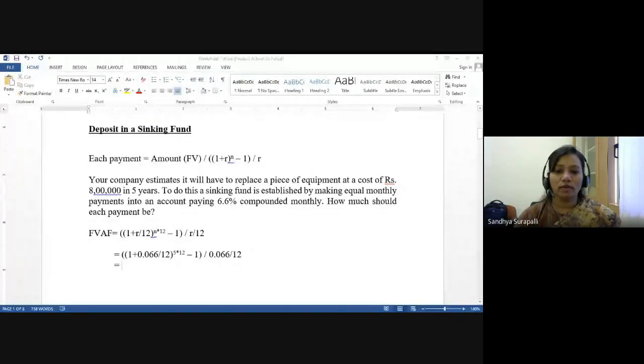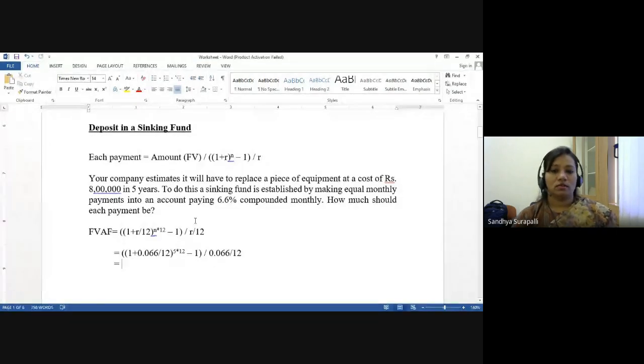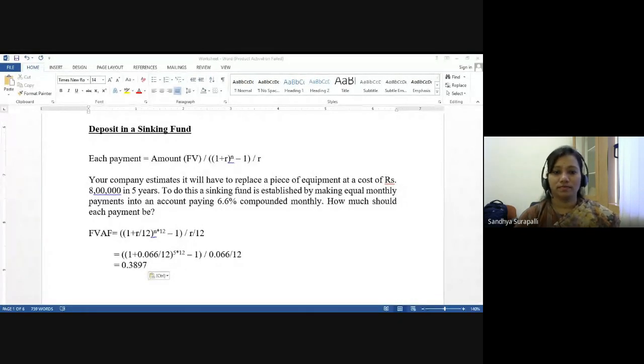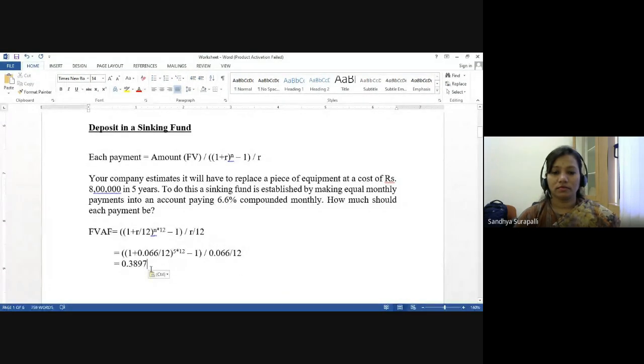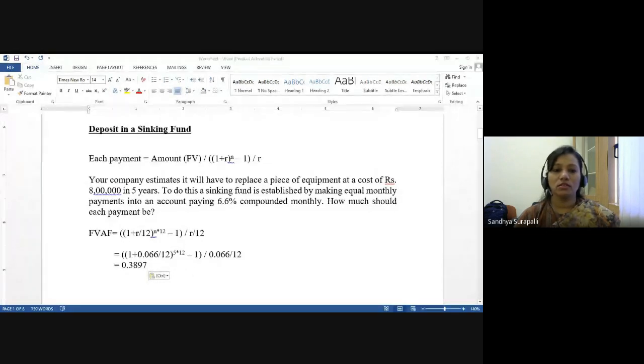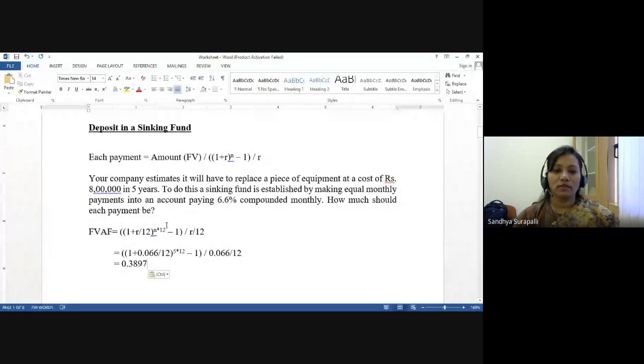So if you're solving everything, you will get 0.3897. This factor we will use to find out each payment.